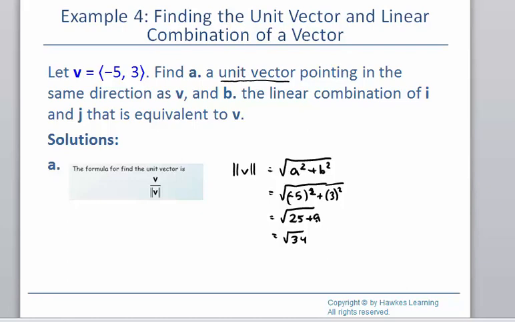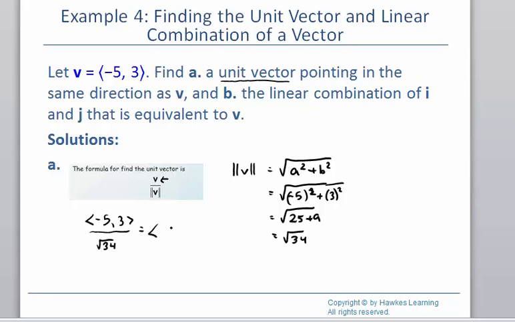So now that we know that our magnitude is the square root of 34, we can plug in and actually find that unit vector. I'm going to take this vector representation, negative 5, 3, that is my V, and divide it by the square root of 34. Essentially we're dividing each of the components by the square root of 34.